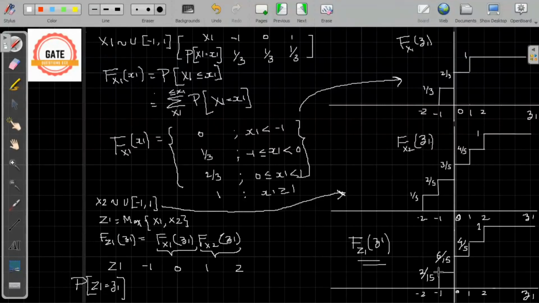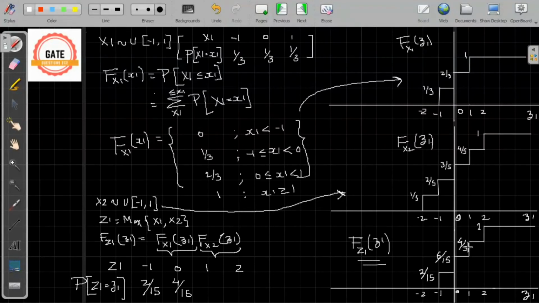At -1, we can see its step size value is 2 by 15. So probability is nothing but 2 by 15. At 0, its step size is 6 by 15 minus 2 by 15. So it is 4 by 15. At 1, its step size is 4 by 5 minus 6 by 15.